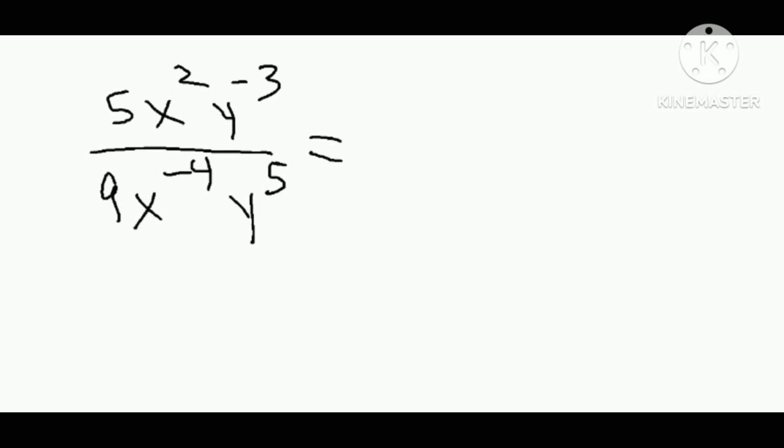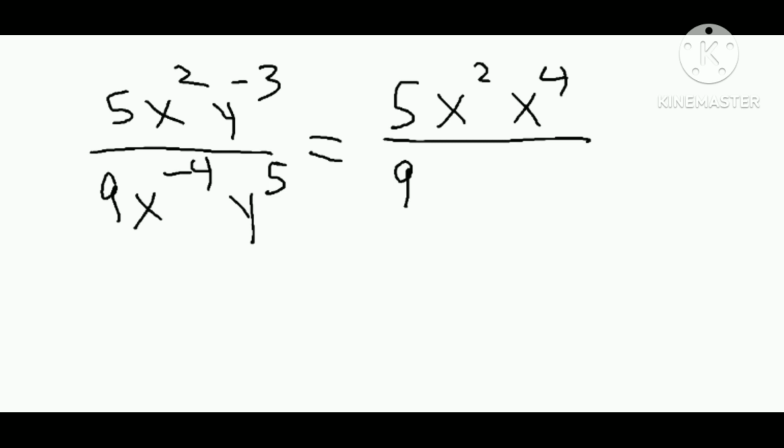The first thing I'm going to do is move the negative exponents to the other side to make them positive. I'm going to keep the x squared on top, but the x to the negative 4, I'm going to move it to the top. And the y to the negative 3, I'm going to move it to the bottom. So this is another way you can solve it.